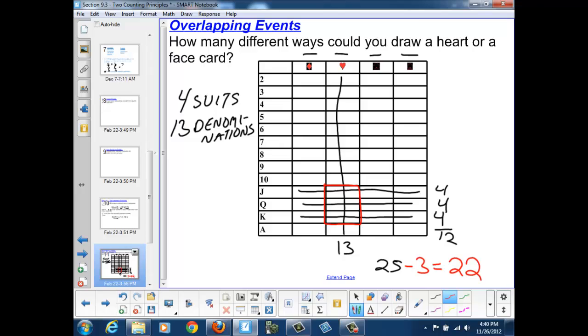Now this situation is a case where the 2 possible categories or events, hearts and face cards, are not mutually exclusive. And the way we determined our total outcome was to take the total possibilities in each category, the 13 and the 12, add those together, and then subtract the intersection or overlap of the 2 categories.